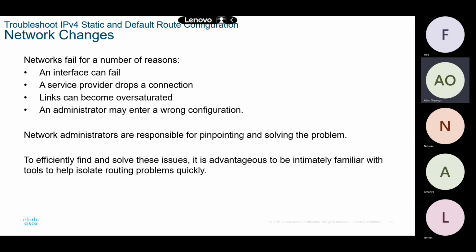You, the network administrator, are fully responsible for troubleshooting. That means you must look for the problem and you must provide a solution to it.